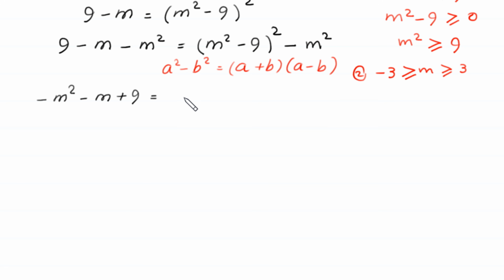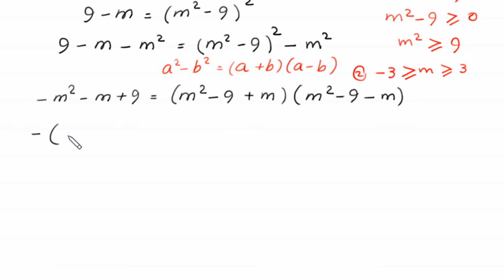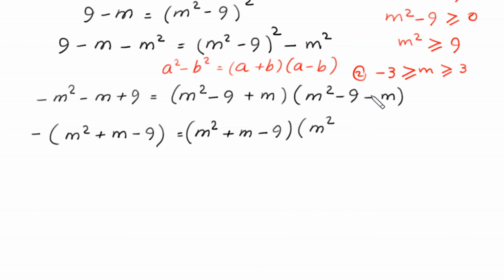This expression will become m squared minus 9 plus m times m squared minus 9 minus m. Now we use negative sign before parentheses, so this will become negative times m squared plus m minus 9 is equal to this expression m squared, we write this plus m first, plus m minus 9 times m squared, then we write this negative m.